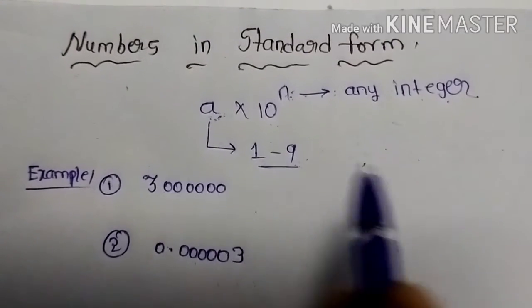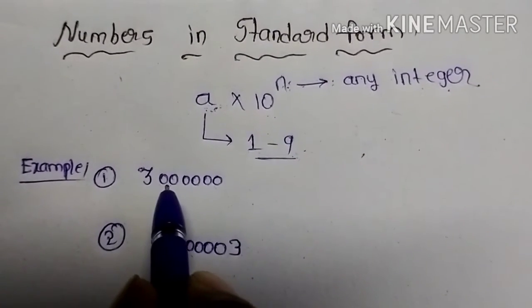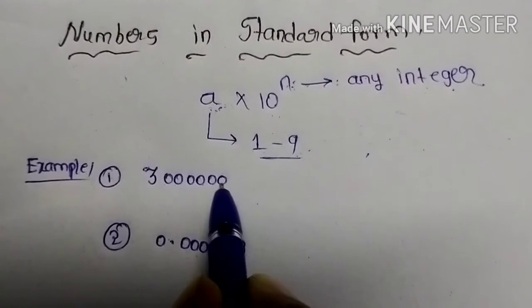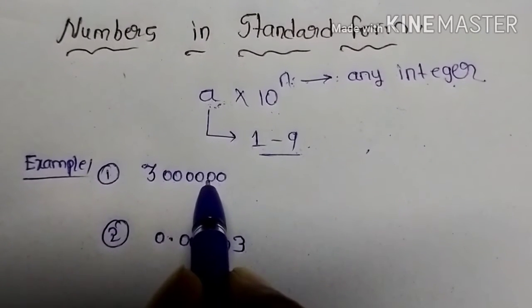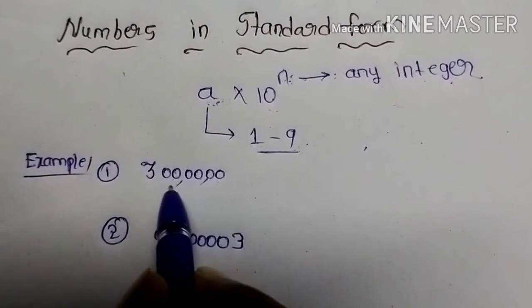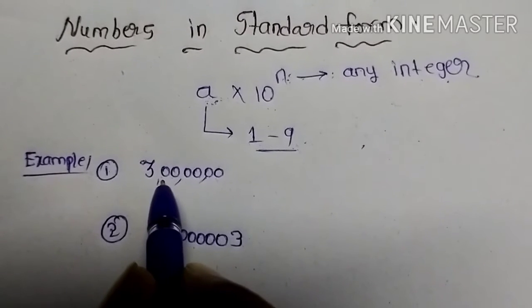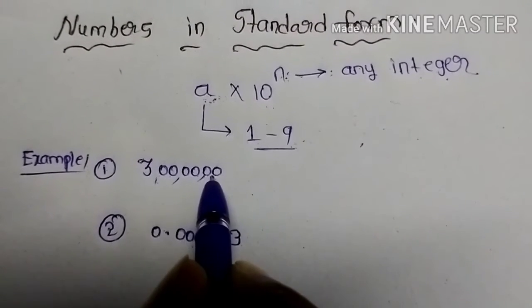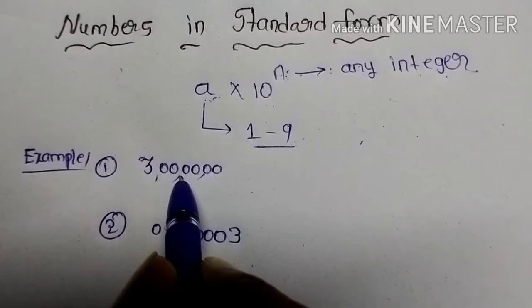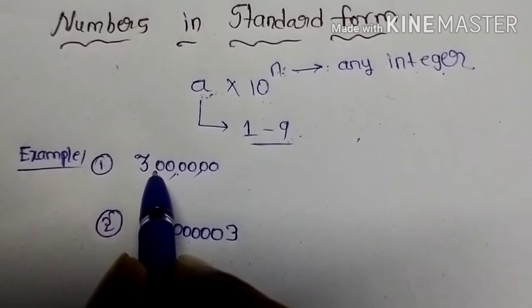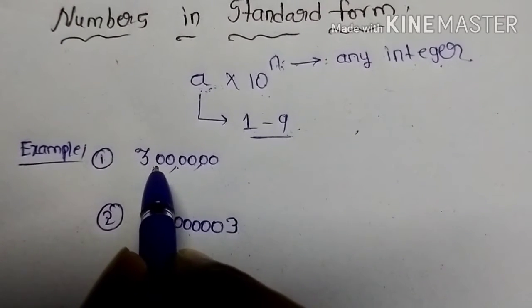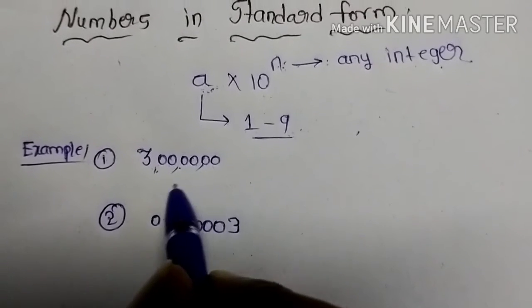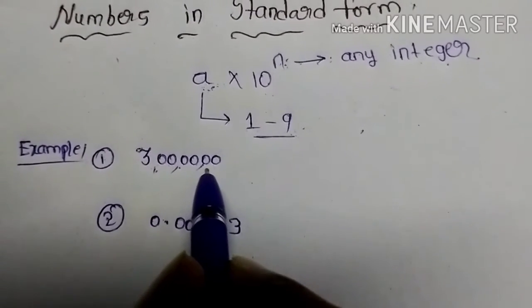See here an example. First of all, you can see 3000000. First you can see how many zeros are there. That means this is 3 crores, yes or no? No, 3 lakhs. Yes, that means how many zeros are available?